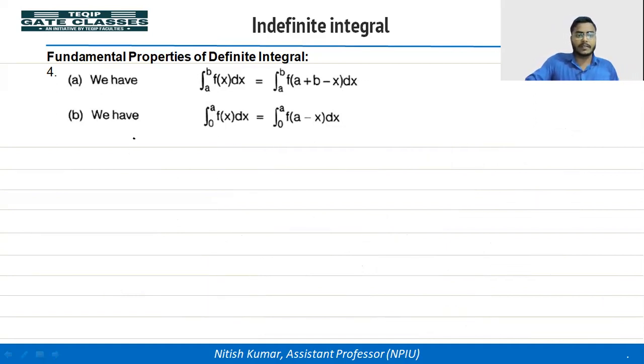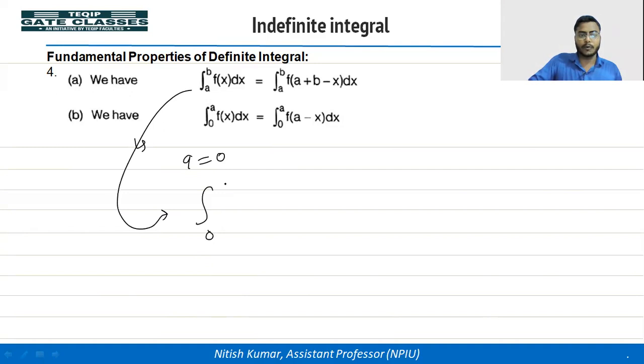See, the b option is the same. If you put a is equal to 0, what do you get? 0 to b f(x) dx is equal to 0 to b f(b minus x) dx.